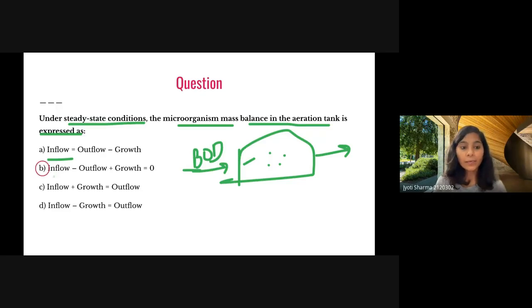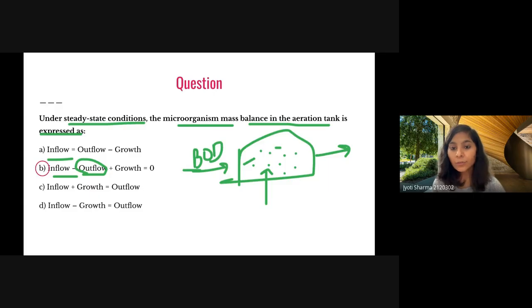That is inflow. Inflow is how much microorganism you are putting in. Then outflow, because some of the microorganism you have to waste. Why do you have to waste? Otherwise there will be a starvation kind of condition, or because we have organic load, there will be a disbalance.